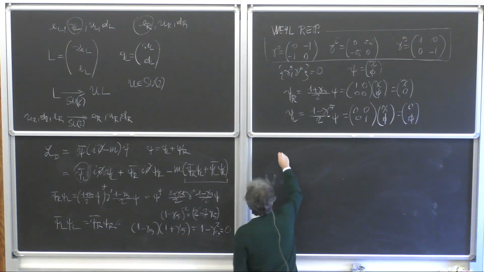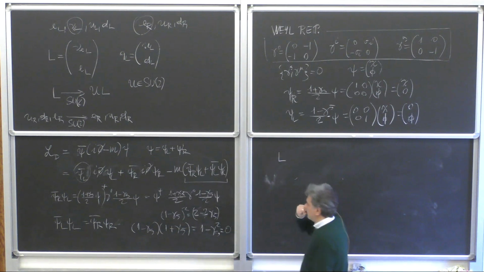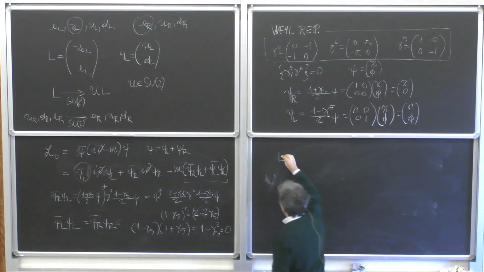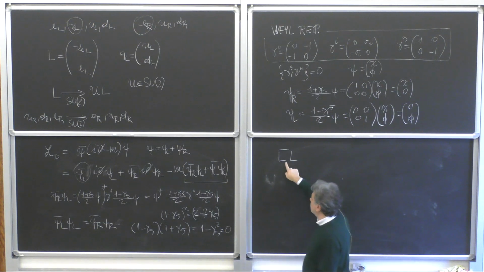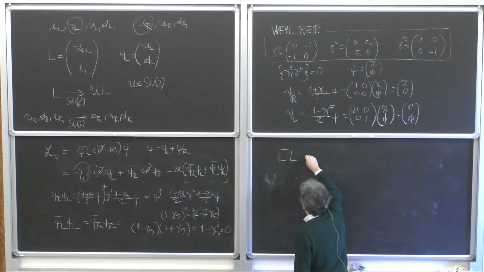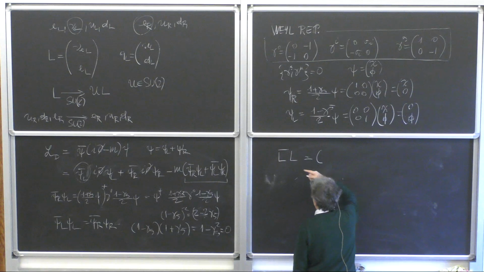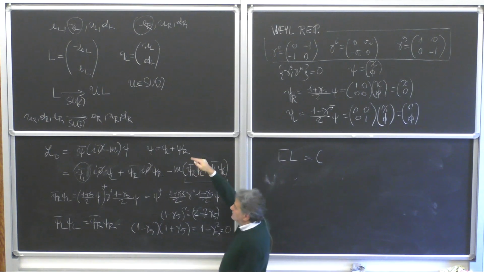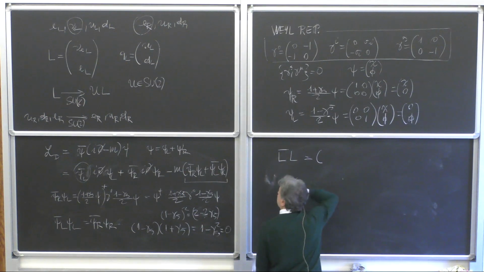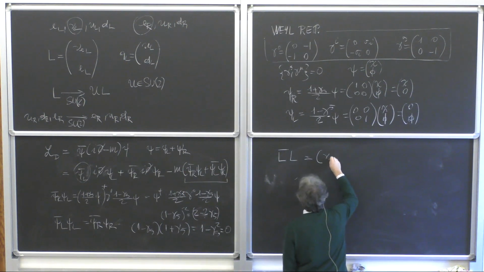Now, if we try to write something that is an SU2 singlet, like this, this is by definition, remember that L has a neutrino up and the electron down.